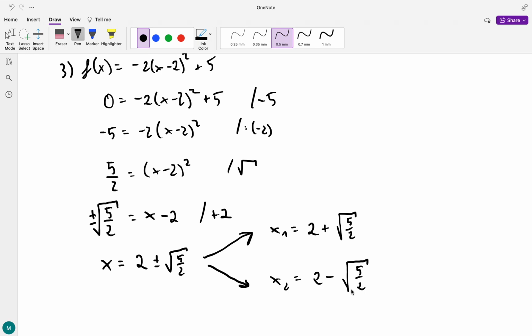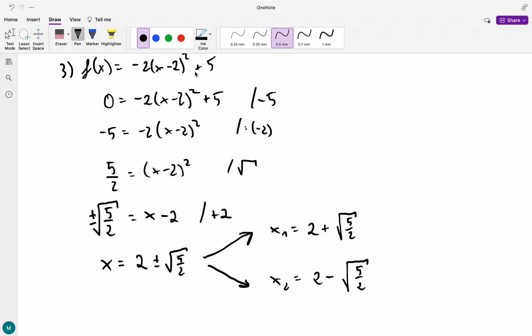And like I said before we started solving this problem, most of the time when you work with the vertex form, you're not going to end up with whole numbers. And that's totally fine. Be comfortable with expressing numbers as radicals, because you're going to see it a lot when you will be working with quadratic equations.